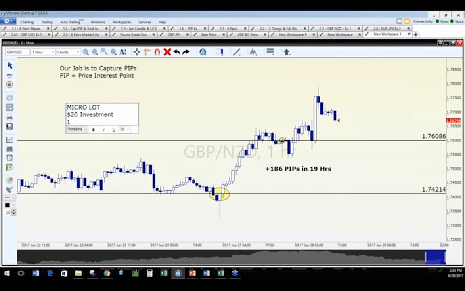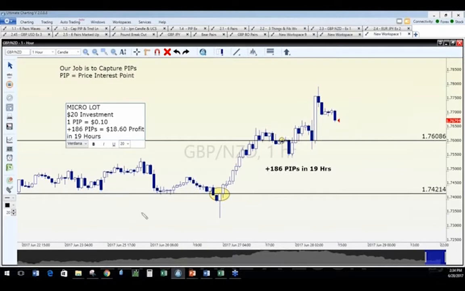And each pip, if you're trading a micro lot, represents 10 cents of movement, okay? So in our example, 186 pips would be $18.60 profit, in 19 hours, okay?